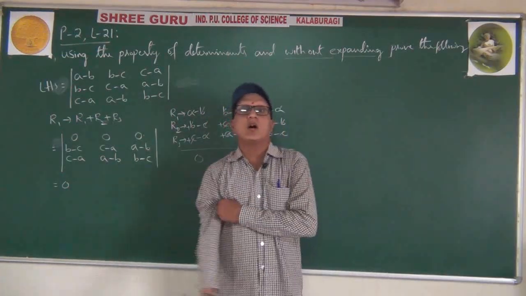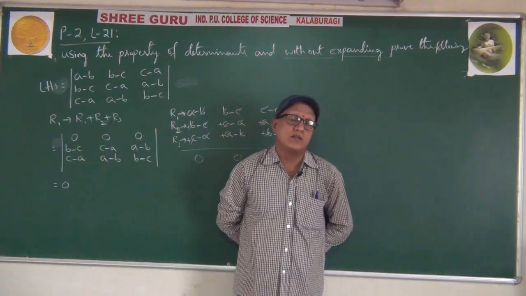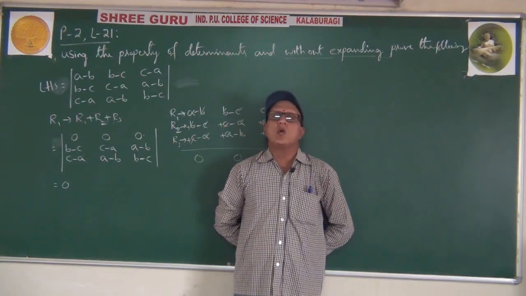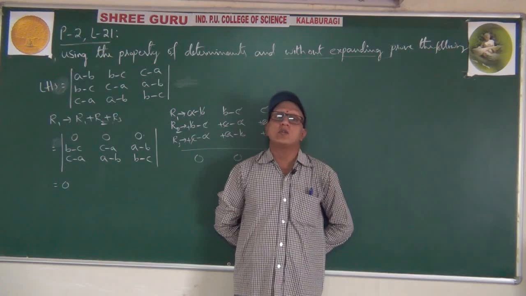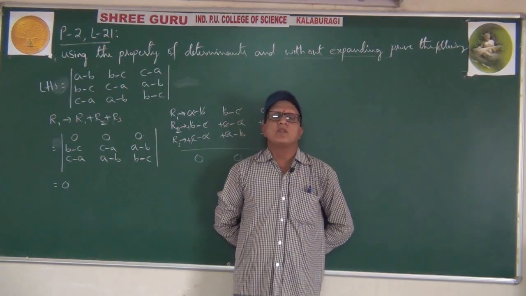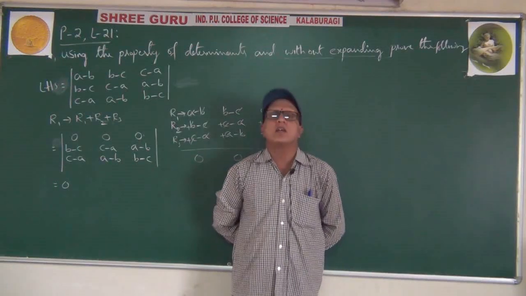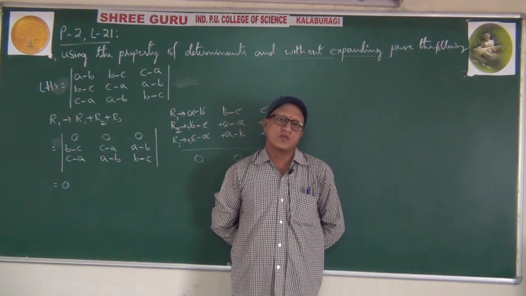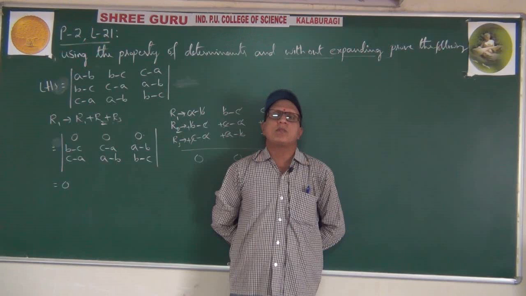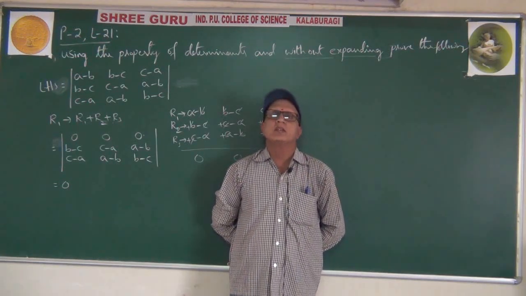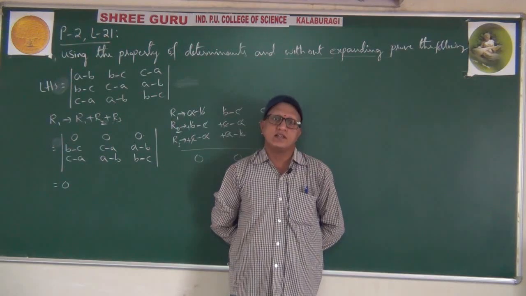I already told how to expand the determinant. Which row or which column is better to expand? Whichever row or whichever column we have more zeros, if you expand with respect to that row or that column, then we get the answer easily.